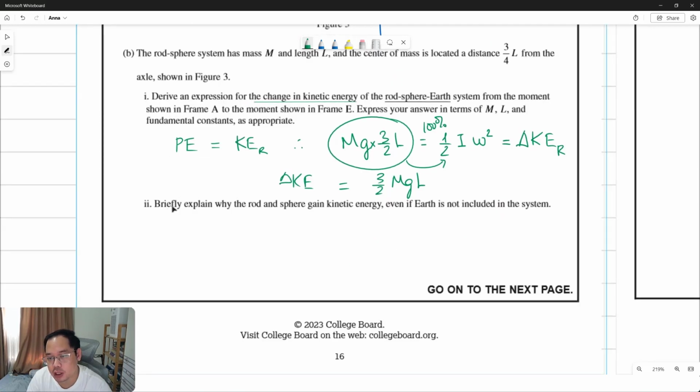The last question: briefly explain why the rod and the sphere gain kinetic energy if the Earth is not included in the system. Even if the Earth is not included in the system, when we talk about potential energy, we didn't say its true meaning accurately.